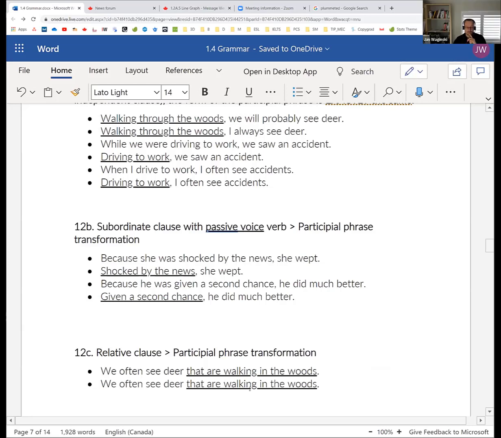Can somebody help her out? We often see deer, remove that are, walking in the woods. That's it.